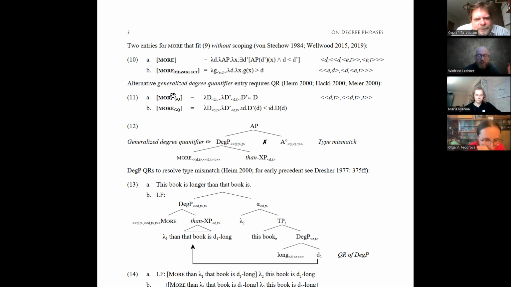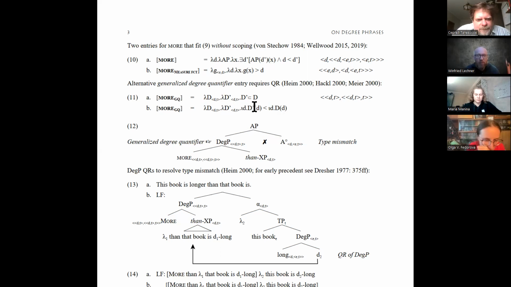A degree relation like more is construed as a relation between two sets, requiring that one of them is a subset of the other, and that makes them look for all intents and purposes identical to every. Now, this is just the set theoretic version. I'll give you the version I'll be using here with the iota operator. This is just a question of expositional convenience I opted for here.